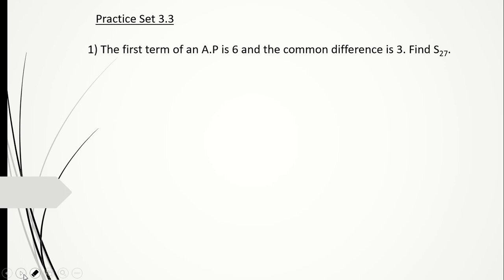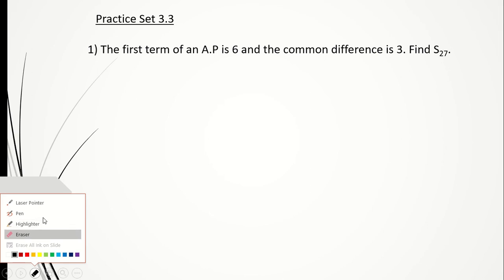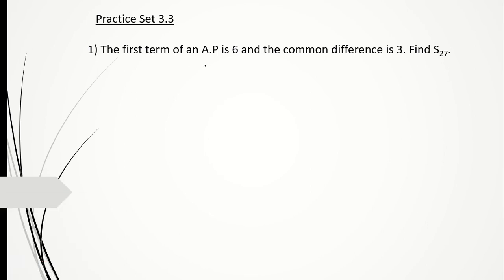Now once you know the formula, the practice set is not difficult at all. You just have to write the formula, substitute what is given, that's it. Okay, now read the question carefully. What is given? First term of AP is 6. So a is given to be 6. Common difference d is 3.